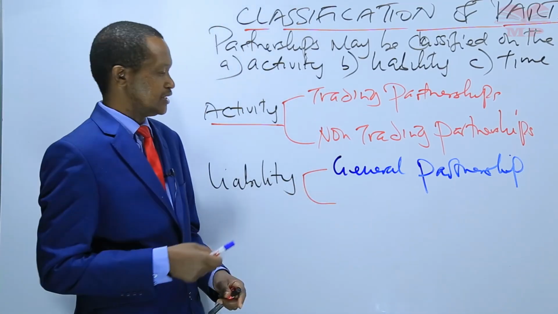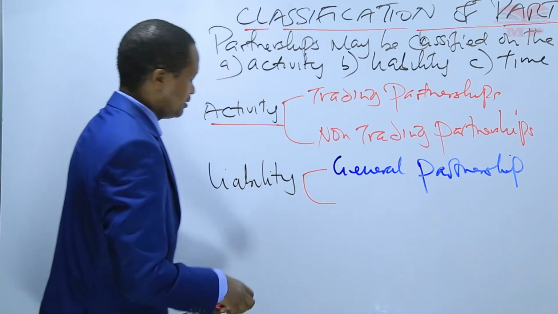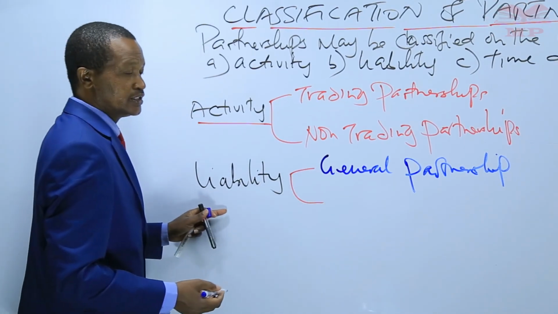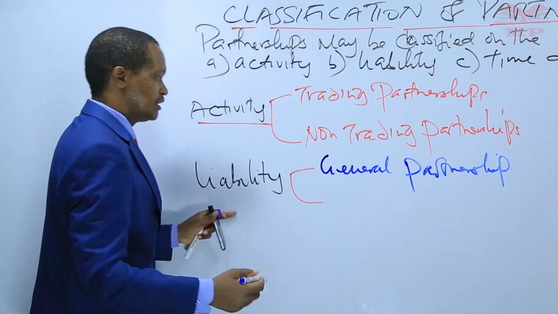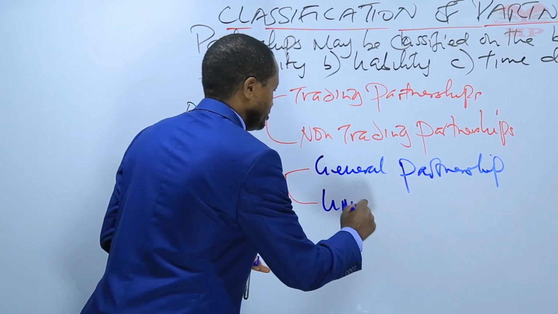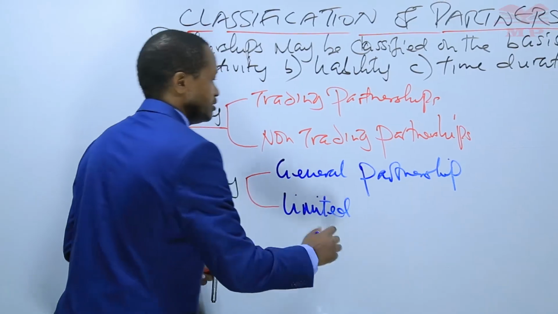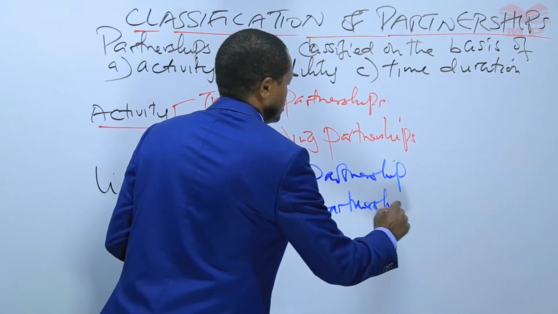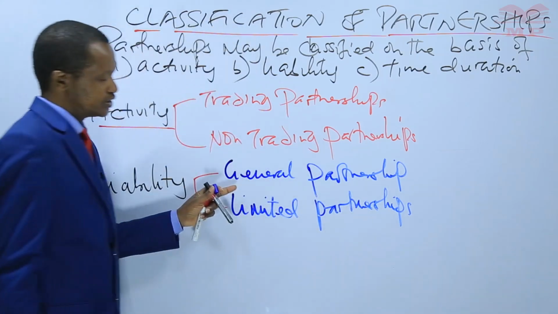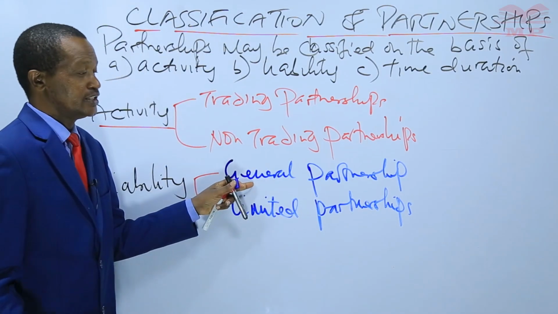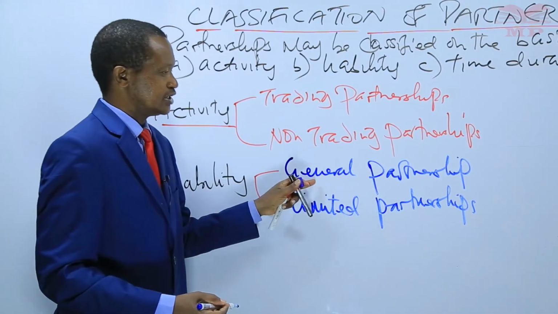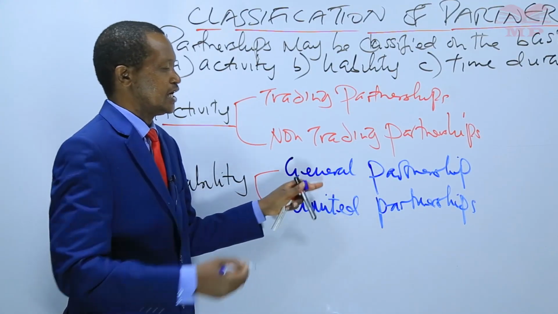All right. Then the second category under liability is limited partnerships. Remember, the partners under general partnership have unlimited liability.